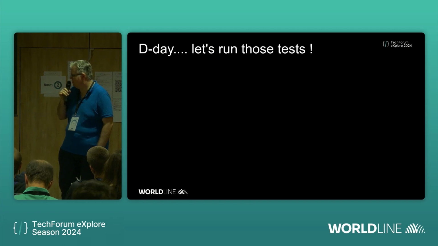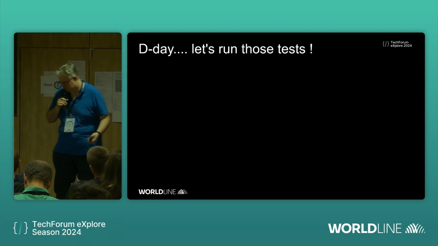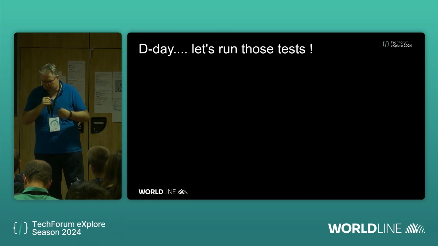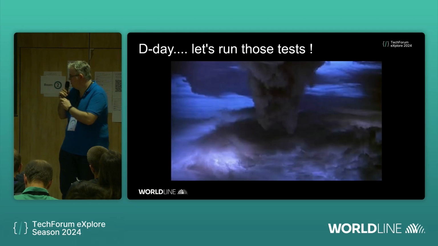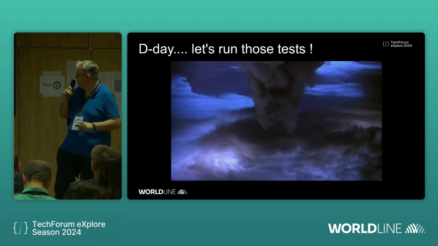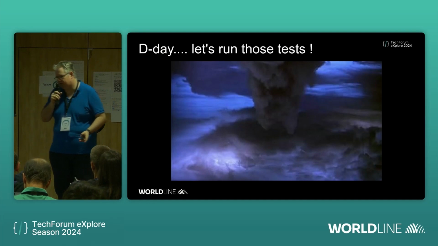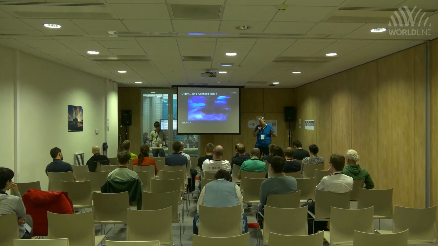Okay, so your protocol is ready, you have everything, you know how to load your system, how to observe it, and everything is fine, so now this is the D-Day. Let's run those tests. So, what are the points of attention during the run? First, I'm talking about a D-Day because you have to keep the time slot as short as possible.